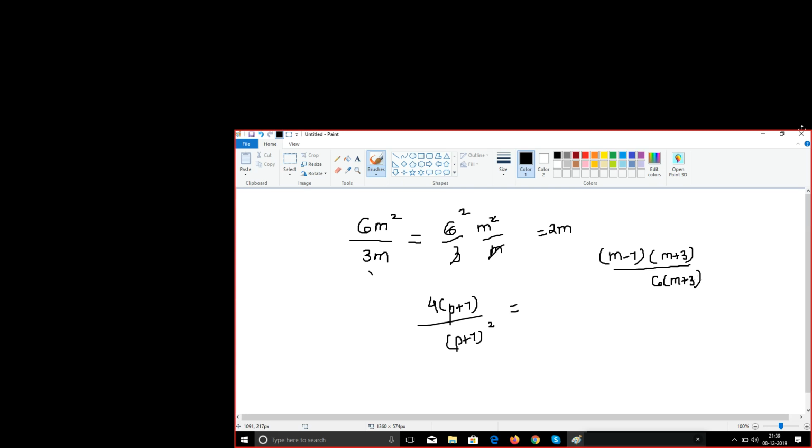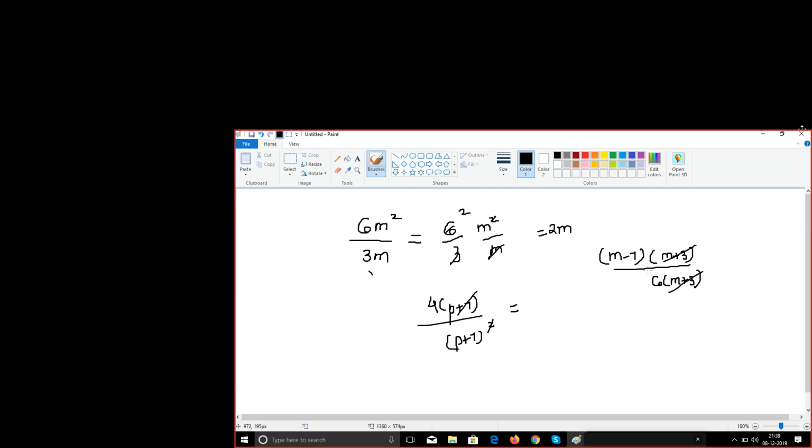So m minus 7 over 6. Yes, that's correct. Now, in these types of questions, you can clearly see the common terms and cancel them out. Like here, you can clearly see p plus 7, p plus 7 are common, so you just cancel one. You can clearly see m plus 3 cancel out, and you get the answer.